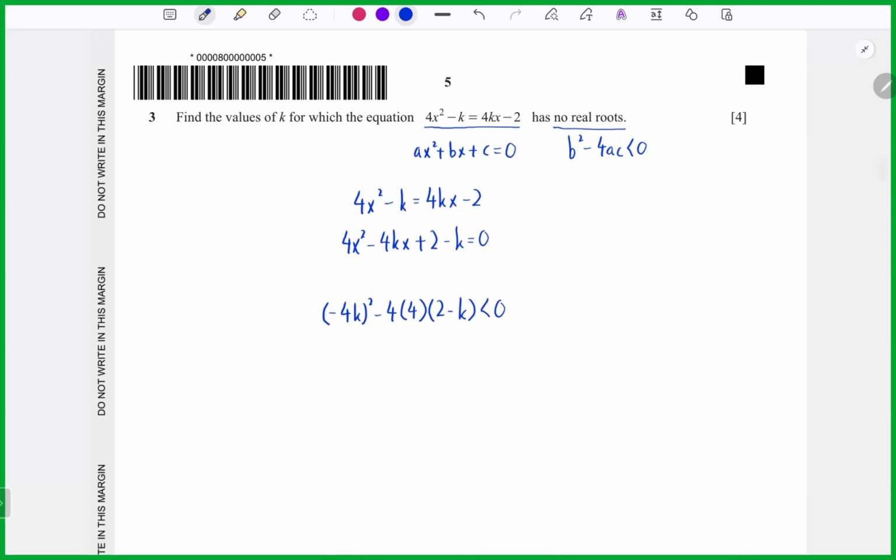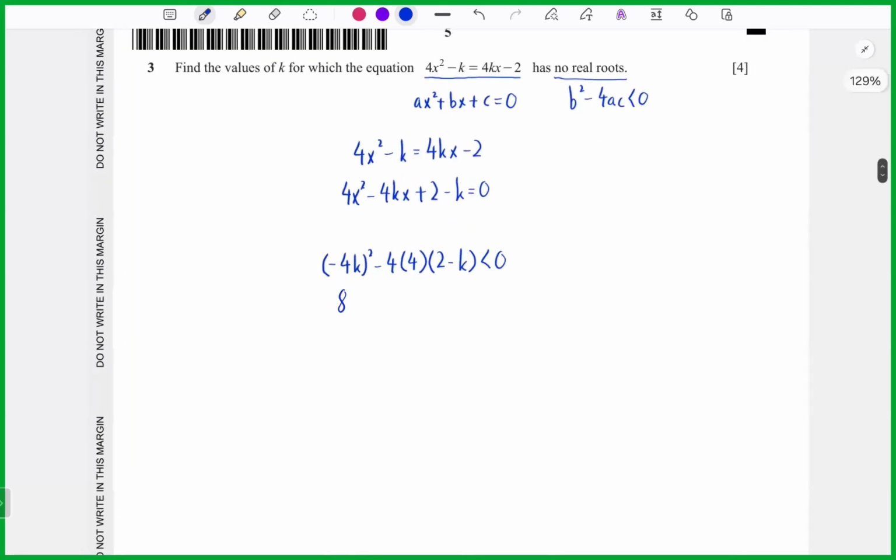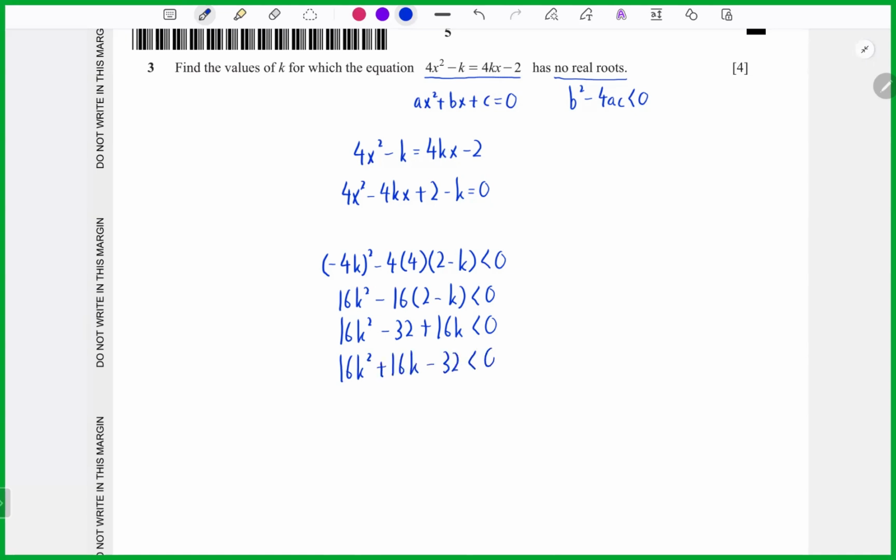So here you will get 16k squared minus 16 bracket 2 minus k less than 0. 16k squared minus 32 plus 16k less than 0. 16k squared plus 16k minus 32 less than 0. k squared plus k minus 2 less than 0.